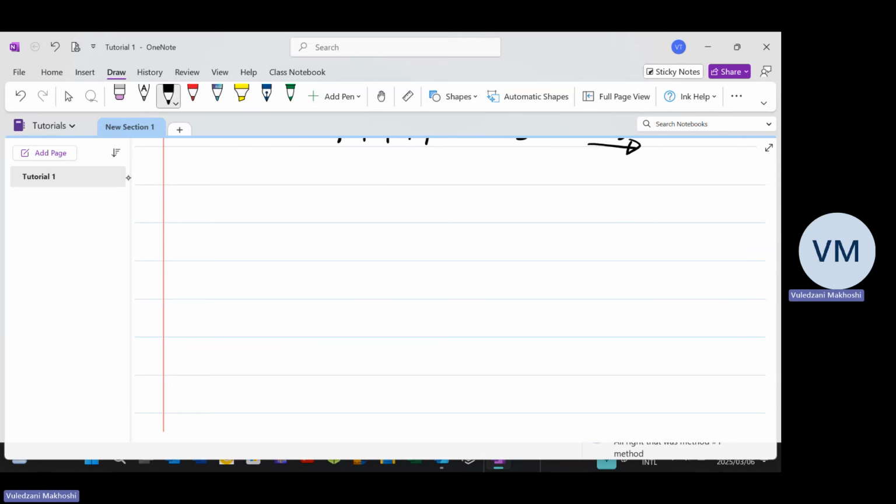Method number 2. Method 2. Let us remind ourselves of long division, because we have got 2 polynomials here, 1 over another polynomial. And so if we use long division, what do we have?